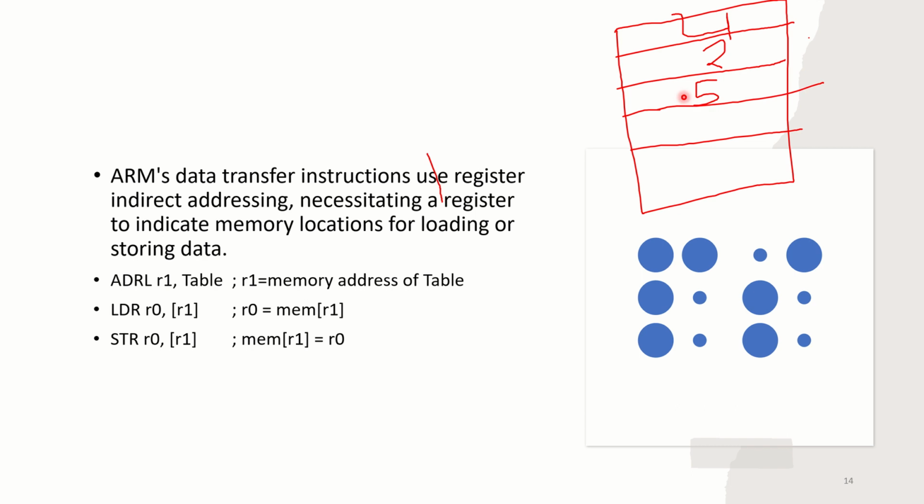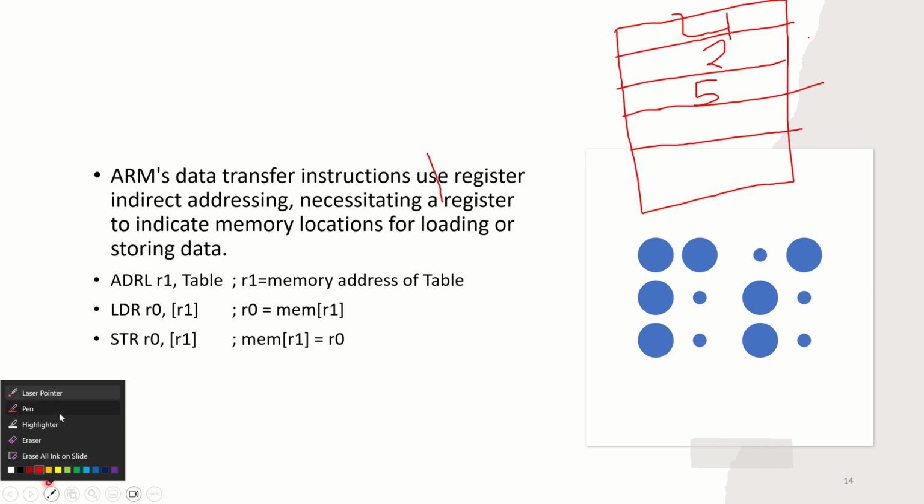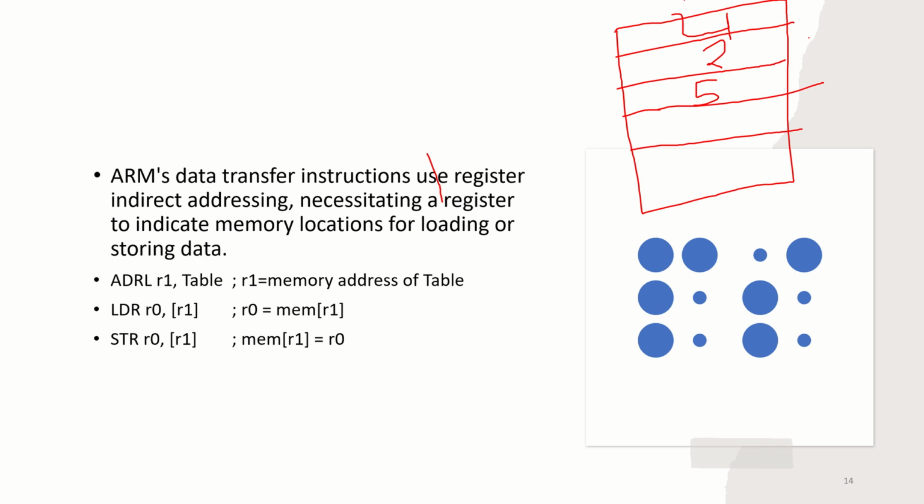Suppose this address is 1, this is 2, this is 3. So you can say, okay, I want the value at address 3. That's the concept of address. In various processors, we can directly access something using the address.